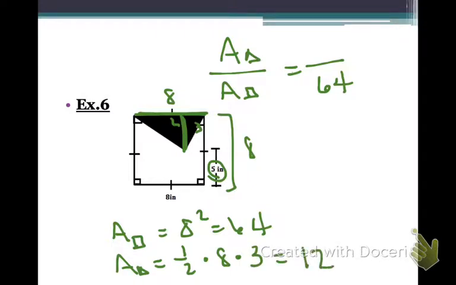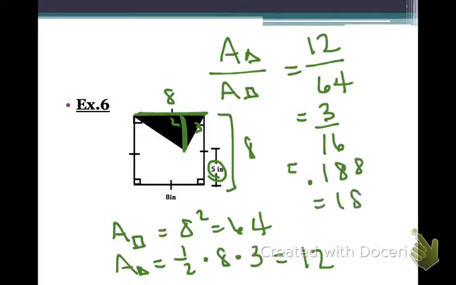Which would give me an area of 12, which would be my numerator. So 12 over 64 would be 3 over 16, which is 0.188, which is 18.8%. So that one was pretty easy.